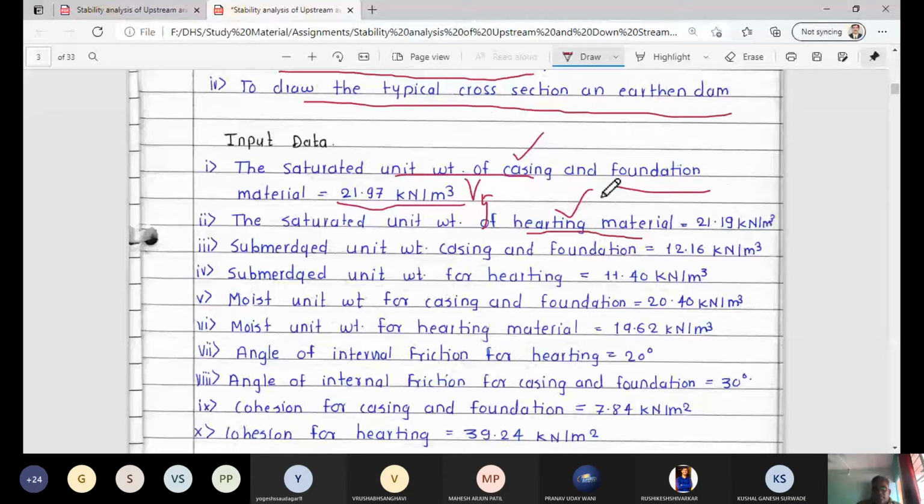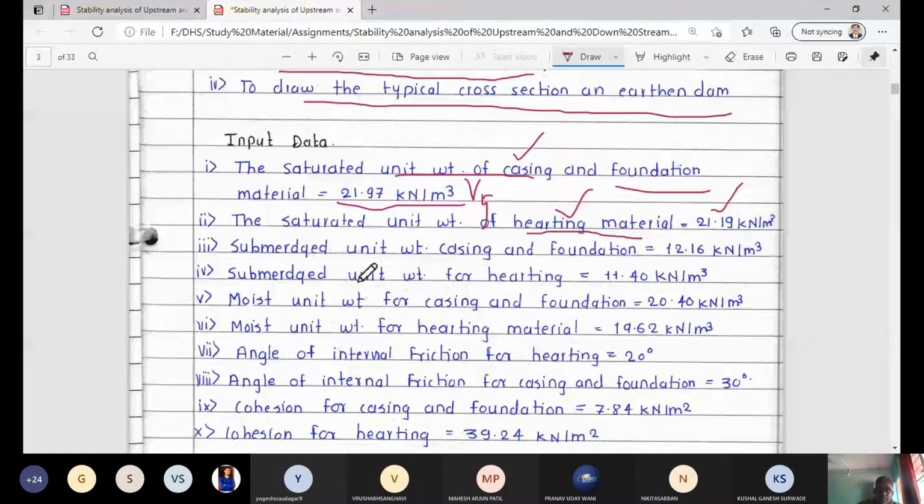The materials are different: for the central impervious core you have to utilize impervious soil, and for the outermost shell called the casing we have to utilize pervious material. So the properties of the soils are changed. The unit weight for the core is given as 21.19 kilonewton per meter cube.